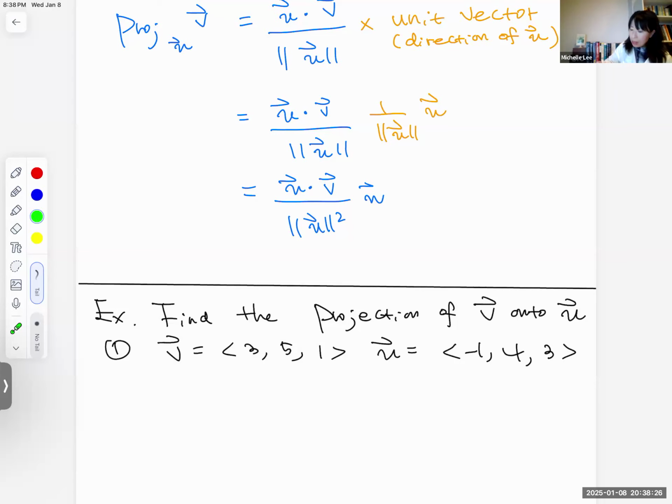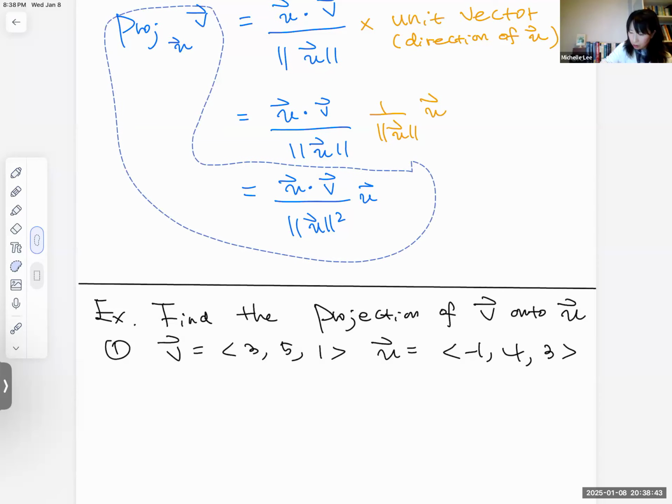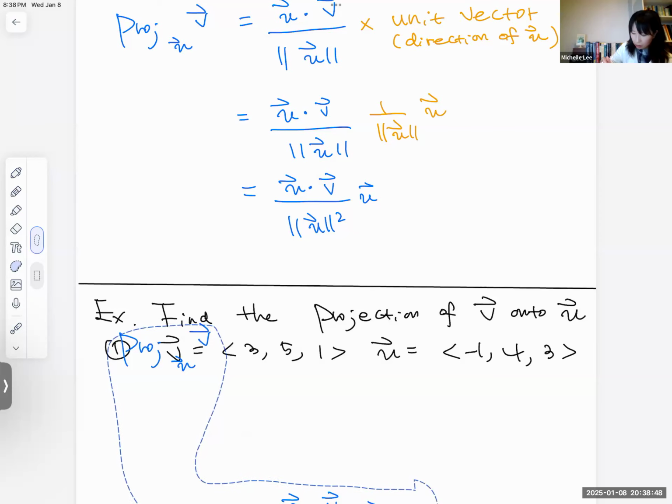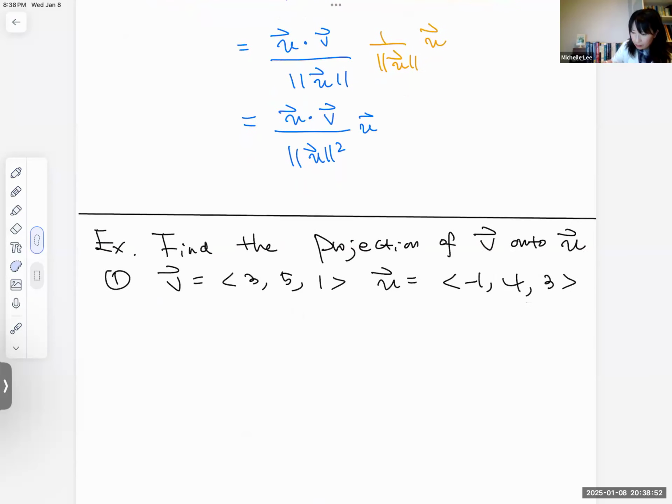Now we are applying this formula. Let me copy.